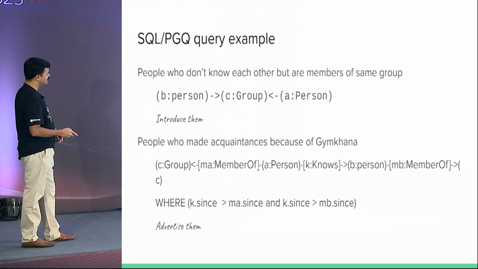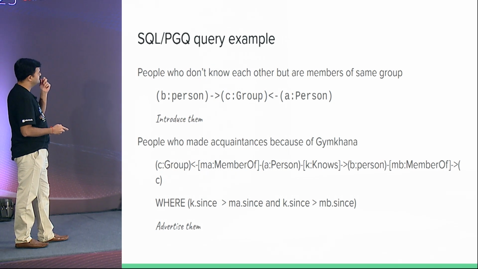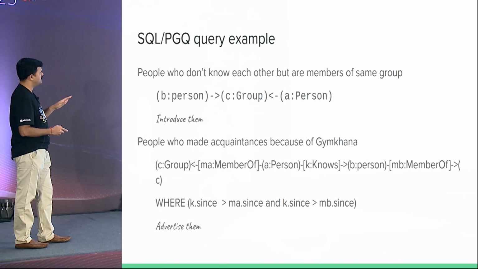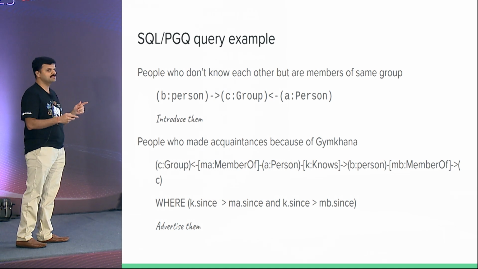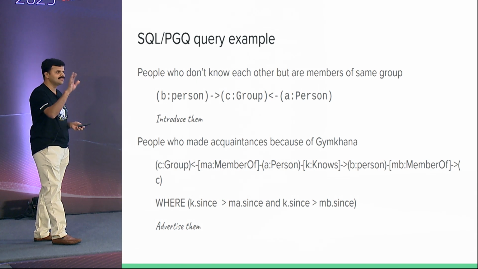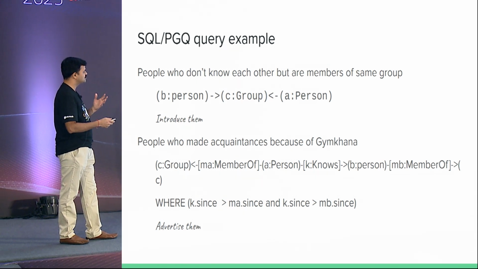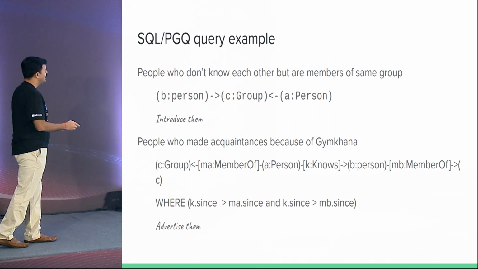Let's look at a slightly complex query, where we want to find all the acquaintances which were made in this club, in this Gymkhana, so that they can advertise it as a socialization platform.